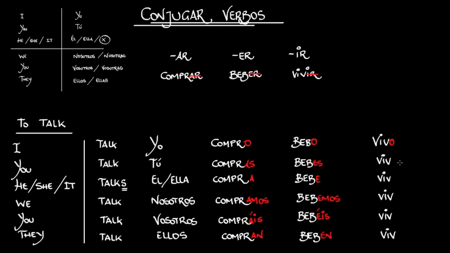For tú, it would be an ES, vives. For él o ella, it would be an I, vive. For nosotros, it would be IMOS, and therefore it would be vivimos. For vosotros, it would be an IS, vivís. And for ellos would be IN, viven.